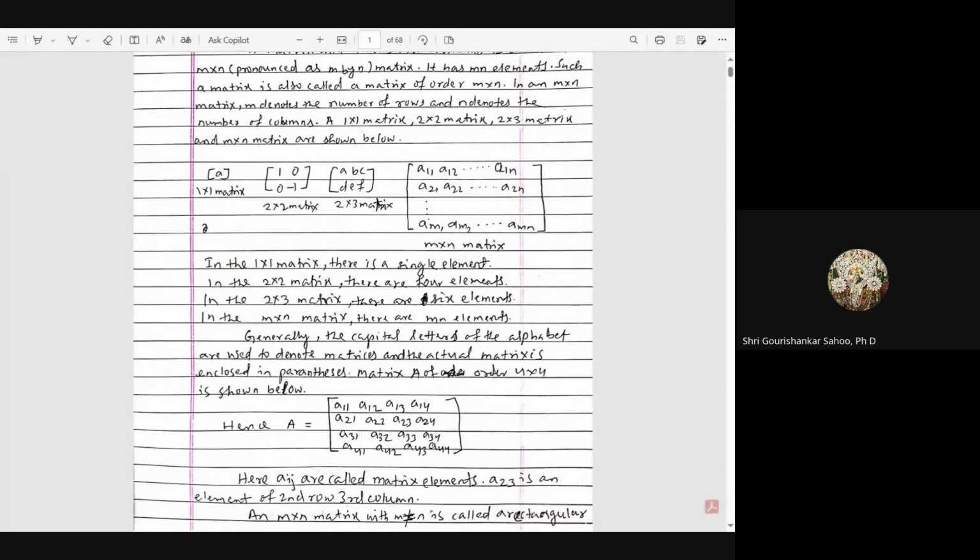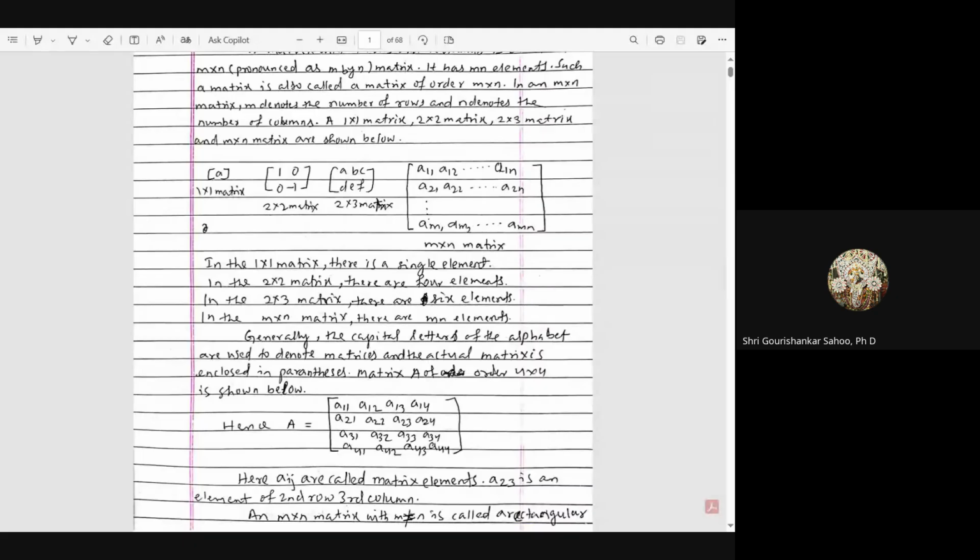And in the parentheses, you have your small letters like A and your subscript 1 1, A subscript 1, 2, so on and so forth. So each element is represented by small letters, and your matrix is represented by capital letters.